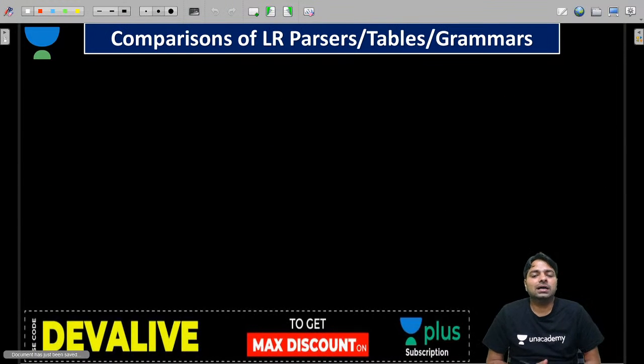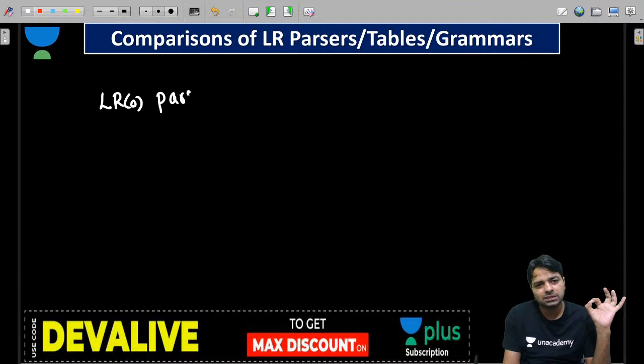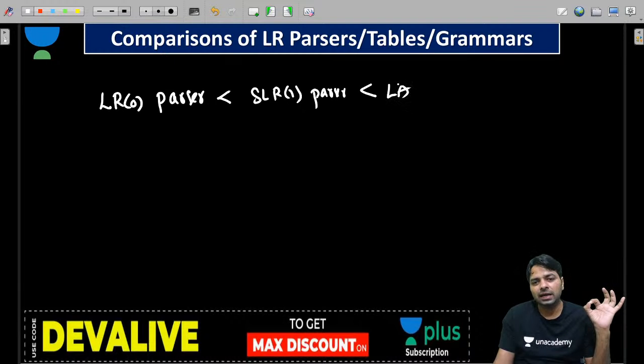Okay, now let's look at comparison of LR parsers. Because of this, the LR0 parser is less powerful than SLR1 parser, is less powerful than LALR1 parser, is less powerful than CLR1 parser.